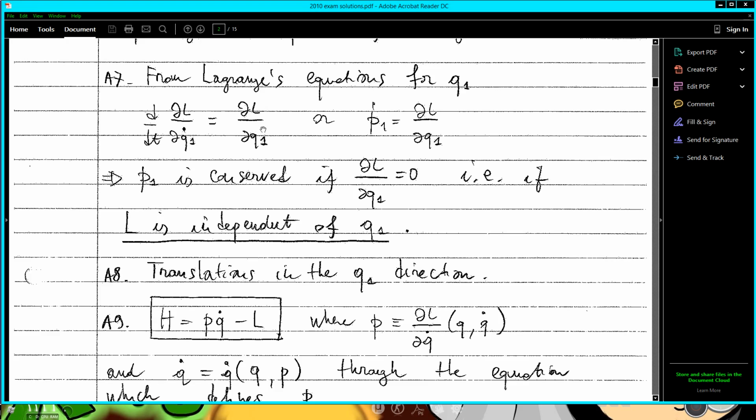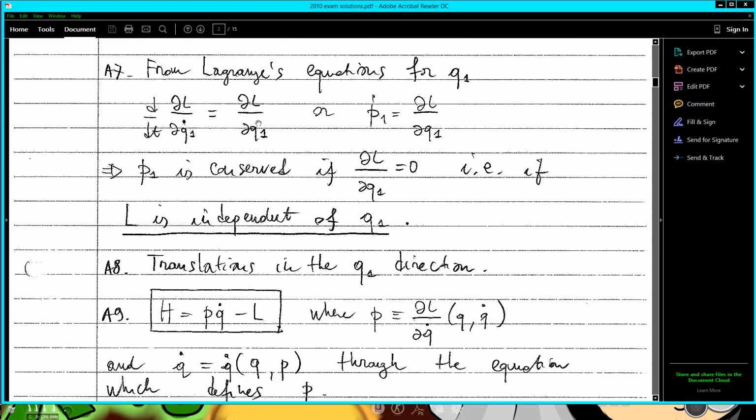So we have d over dt of dL over dq1 dot is equal to dL over dq1, just as I showed you earlier in my example. We can call this p dot, essentially, because this is p, defined as momentum. This component here. I hope you can see my mouse on the screen. You can, good. This is p, and we're just differentiating the momentum with respect to time. We get p dot 1 is equal to dL over dq1, of course.